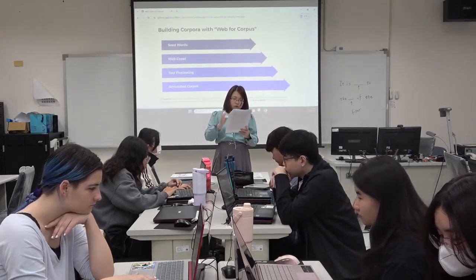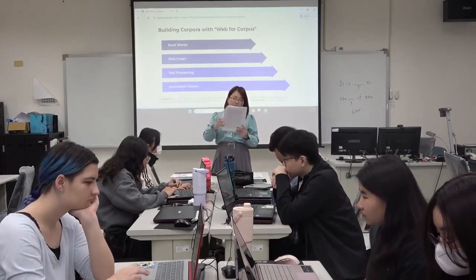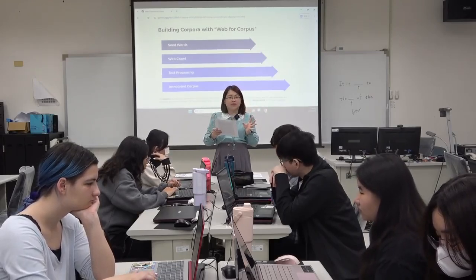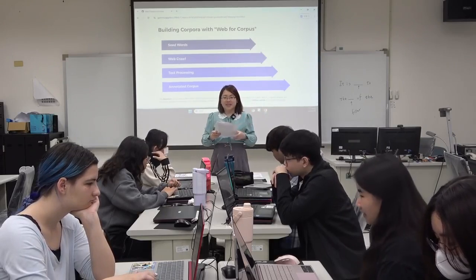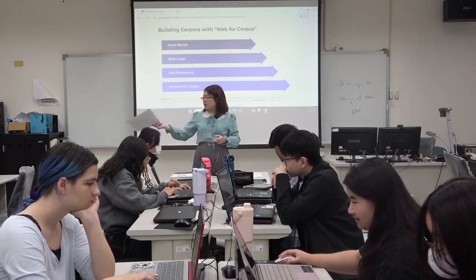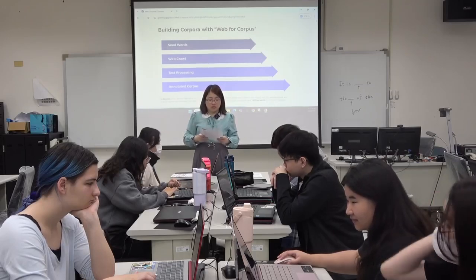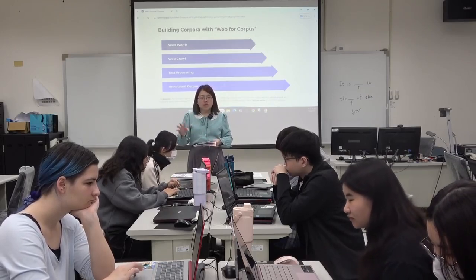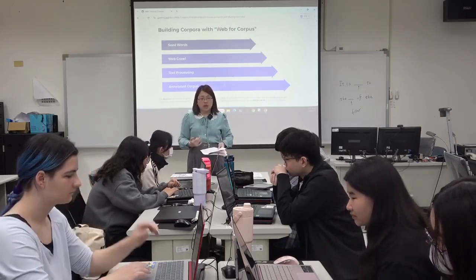And then here, I find it interesting. It says web as corpus shop. You see that? Meaning you get the information from the web. And I think that's totally normal these days. So that means you don't just search, but you try to find the information that you need from the website, and then you download them.